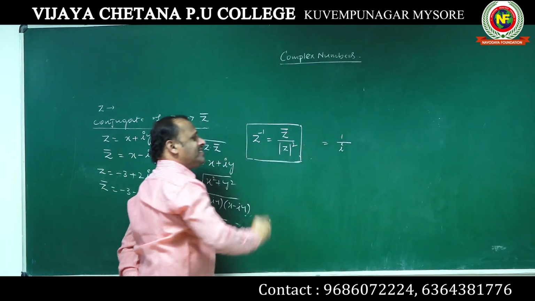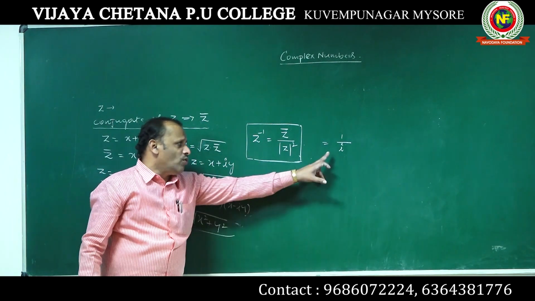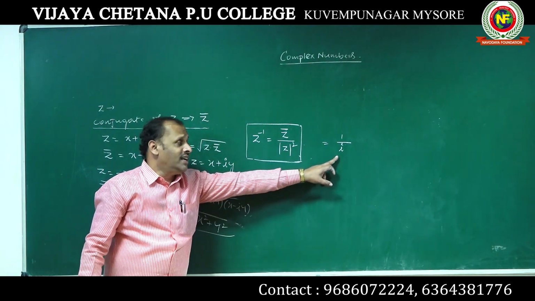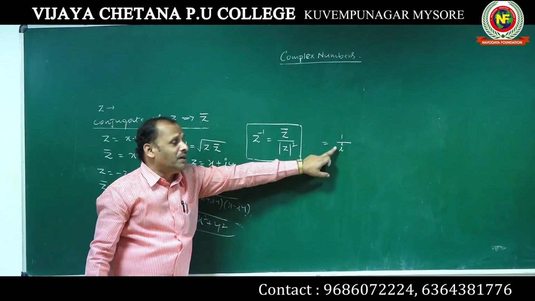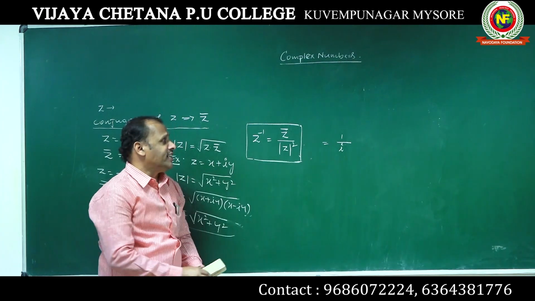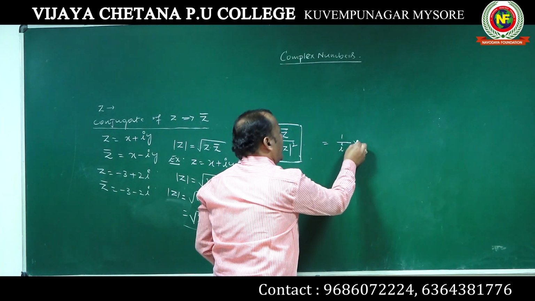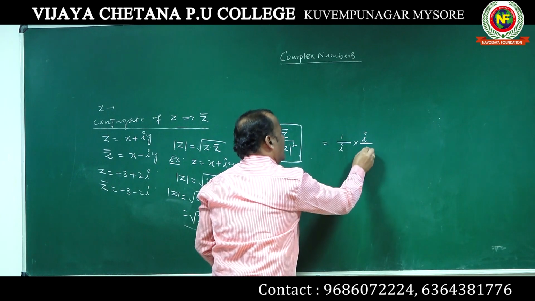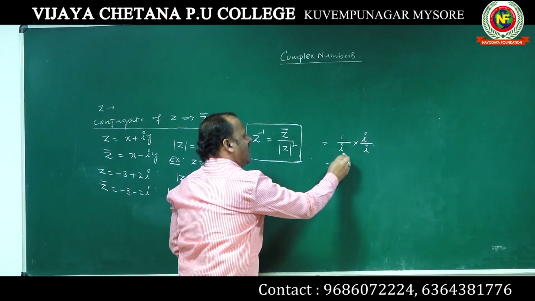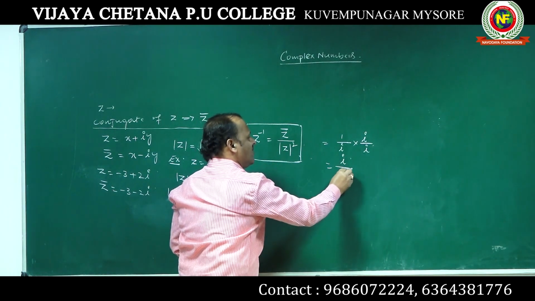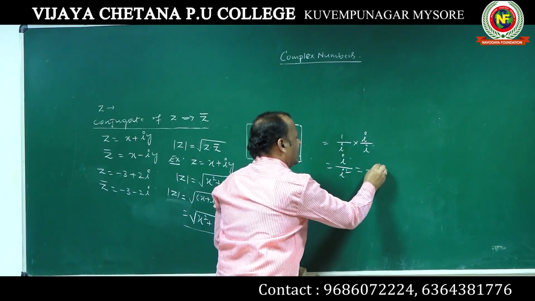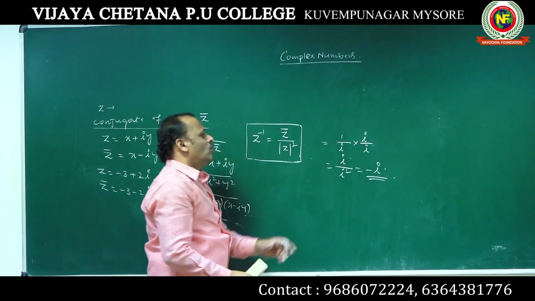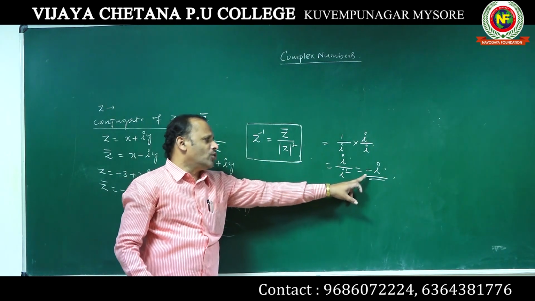We are not allowed to mention it like this. In case a question has 1 by i, we should take it like this, i by i, then i divided by i square. So i square is minus 1. This will become minus 1. So 1 by i is equal to minus i.